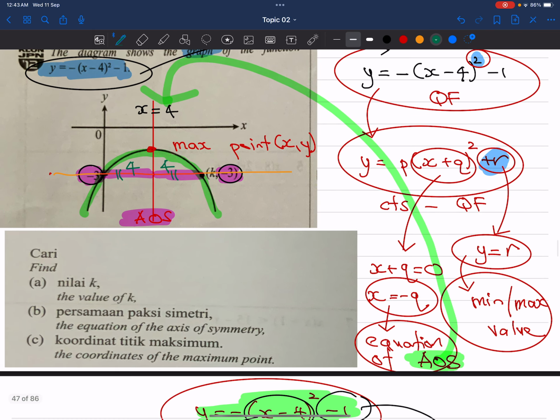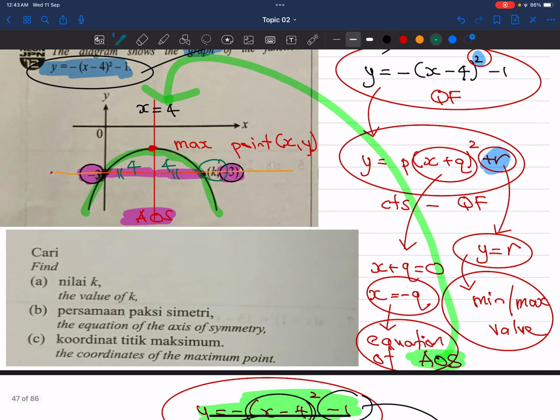So if you notice carefully, the axis of symmetry, whose equation was 4, divides the line into two equal parts. This is 4 and this is also 4. Now you watch the k, this is 0, here is 0.